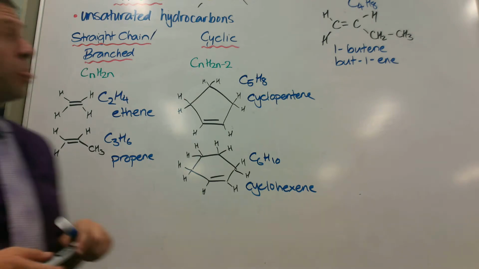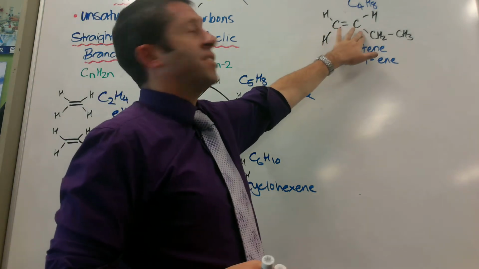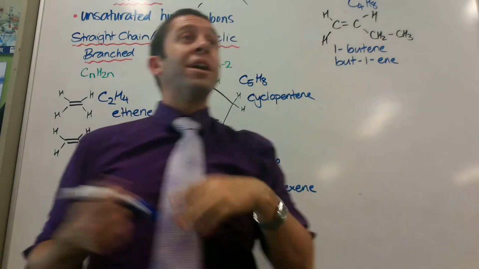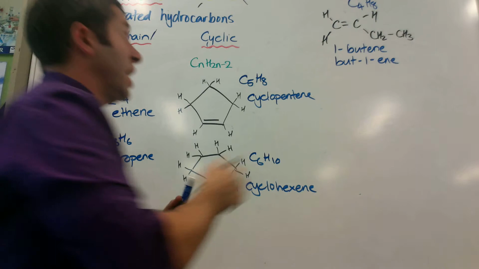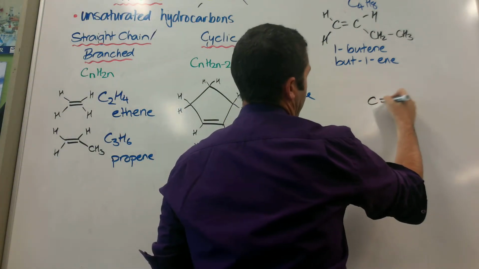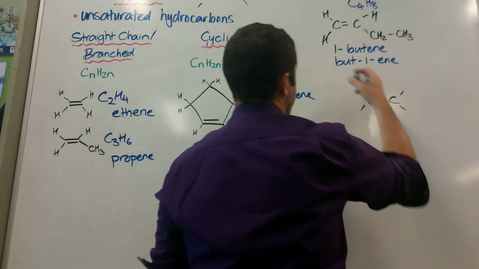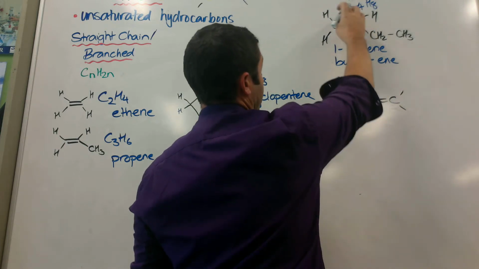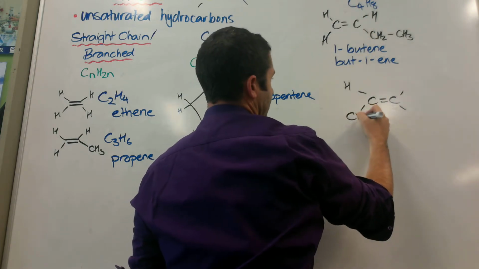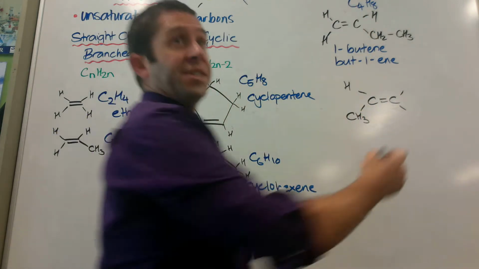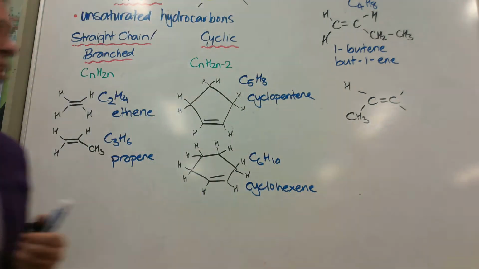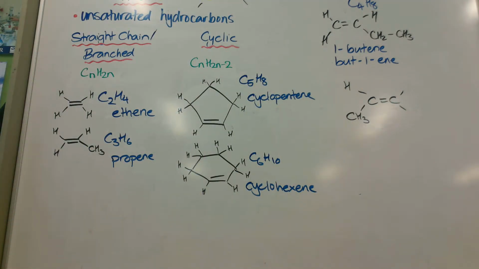Now, I could move that double bond across into the middle, and that will make 2-butene. So I'm going to put an H there, and this carbon is now going to be here, CH3. And now, where should I put the other hydrogen? Top one or the bottom one? Does it matter?